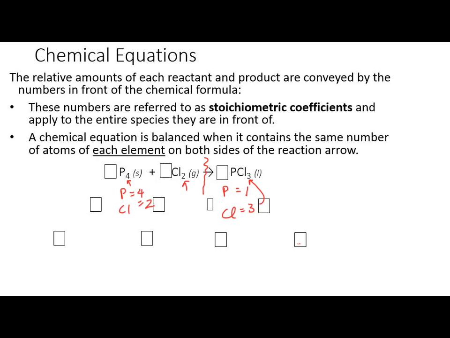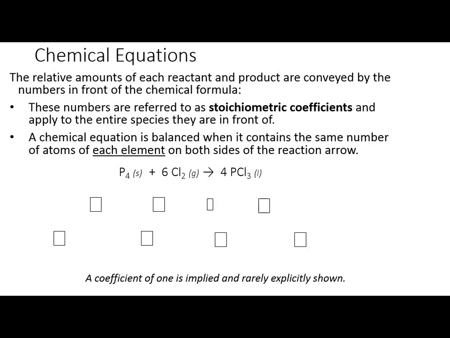Now, those boxes I revealed, I'm going to put a squiggle underneath. Those are stoichiometric coefficients. It just means it's a big number to the left that says how many of those units you have.